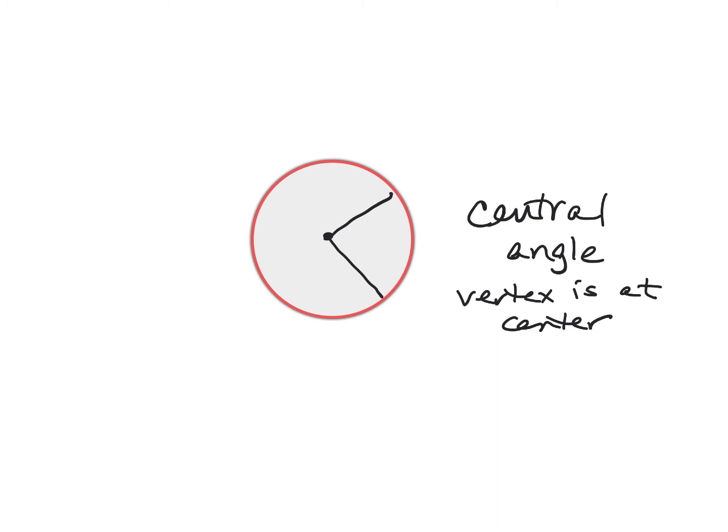So if I told you that this angle measure, let's say this is angle 1, if I told you that the measure of angle 1 equals 60 degrees, so this would be 60, its corresponding arc would also be 60 degrees.